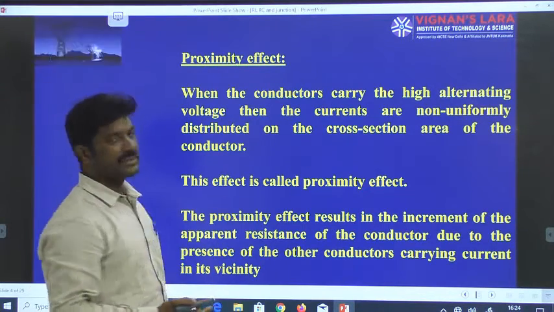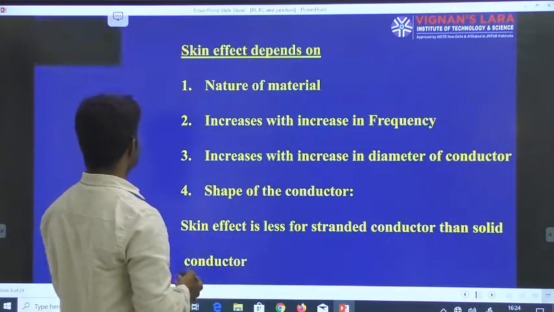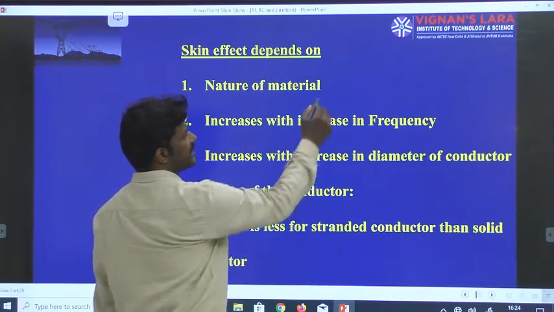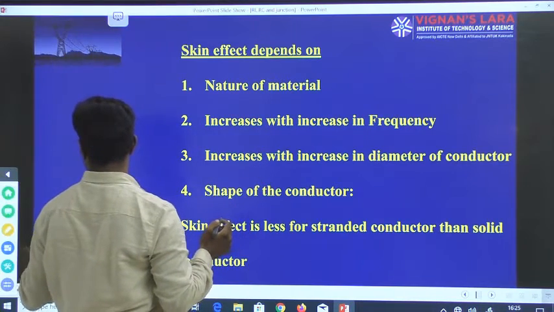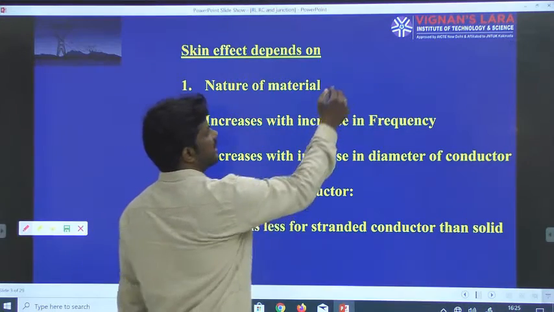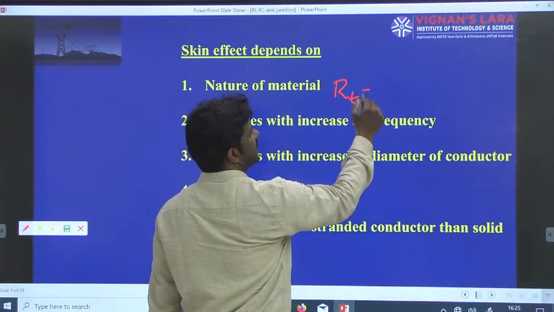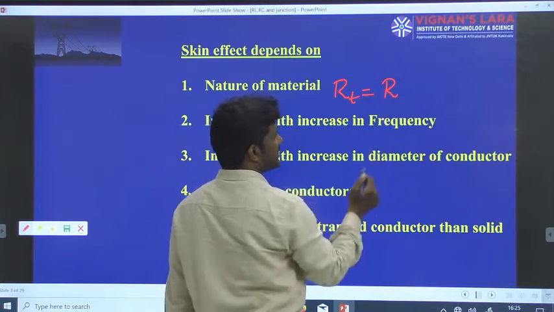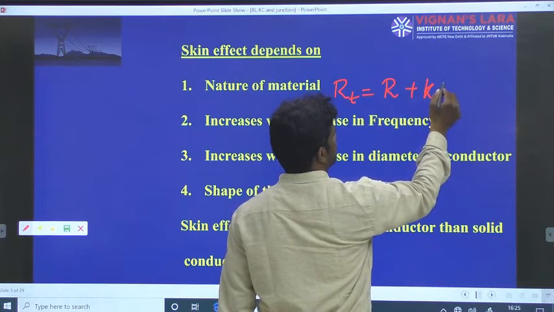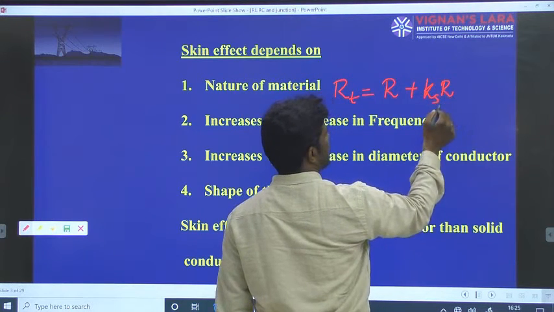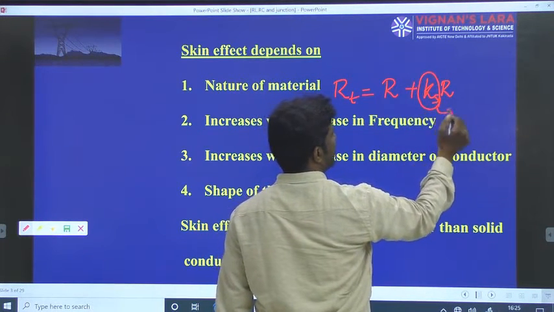Next, this is about skin effect. In skin effect, the magnitude of the resistance is given by R total equals actual resistance plus Ks times the actual resistance, where Ks is the skin effect factor.